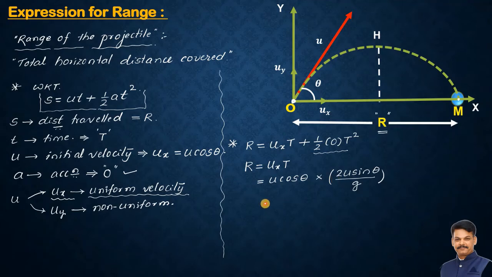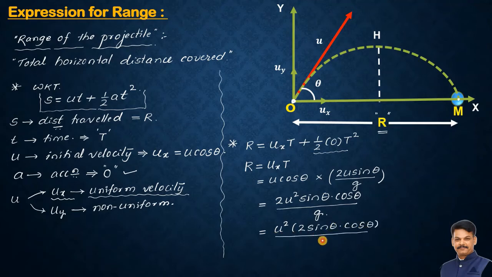Hence, multiplying the two terms here, it is 2U square sin theta into cos theta, whole divided by G. Okay. Now I want to make a small change. I write it as U square, 2 times sin theta into cos theta together. Then the denominator is as it is.